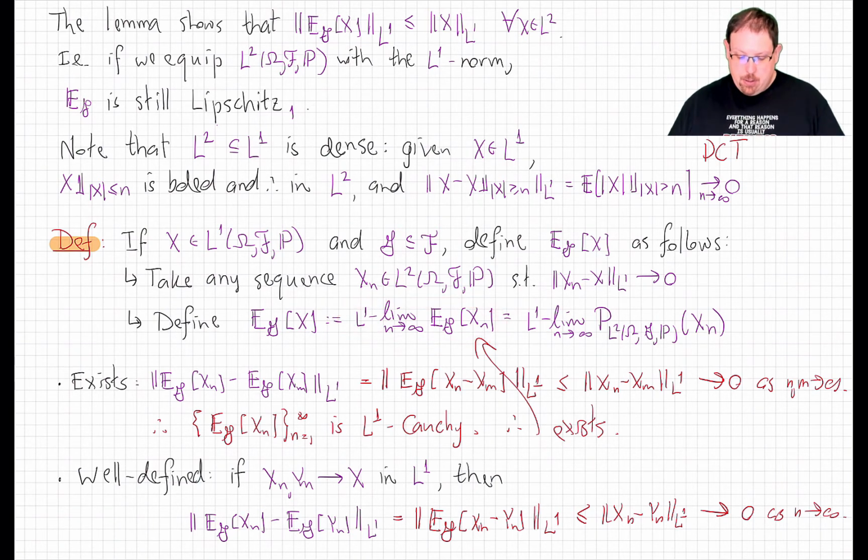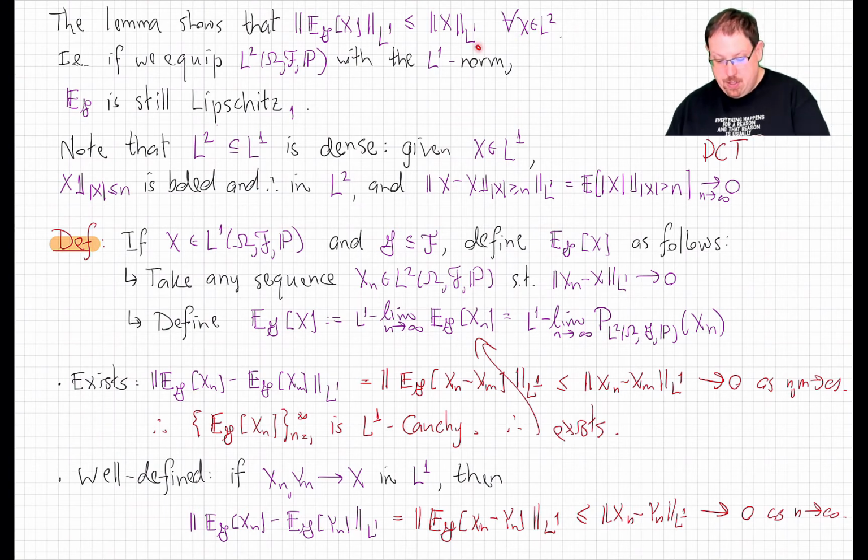And if you like, you can go through the exact same argument one more time with a few more symbols involved to show that this function of x that I've just defined defines a linear transformation here. That is, if I plug in alpha x plus beta x prime here, then what I get is the conditional expectation of x times alpha plus the conditional expectation of x prime times beta.